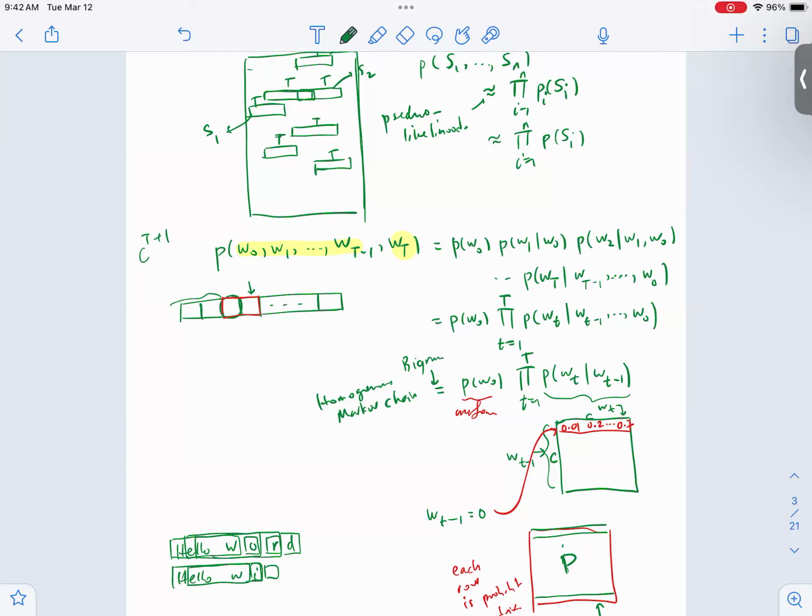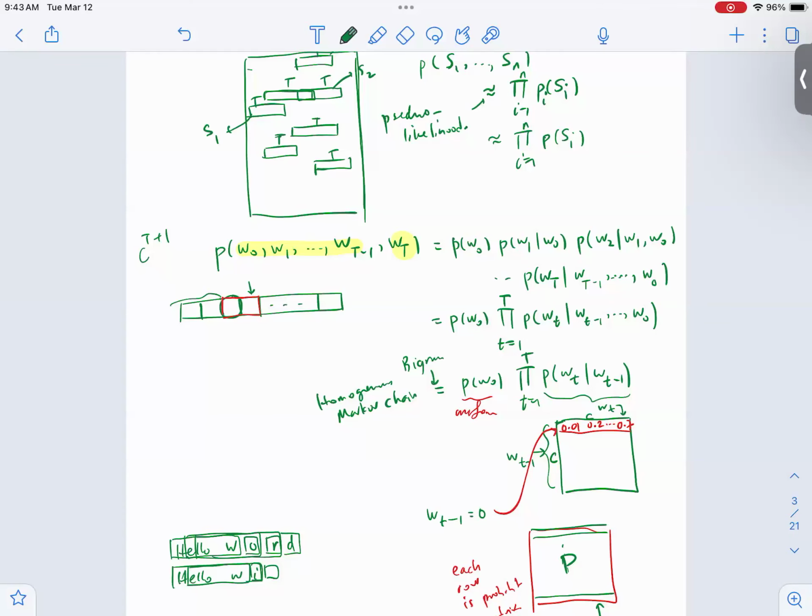From that you produce the maximum a posteriori: the probability of this token given the previous ones, maximized for a given observed sequence, and the token that maximizes the probability is the optimal one. But this would be very costly.